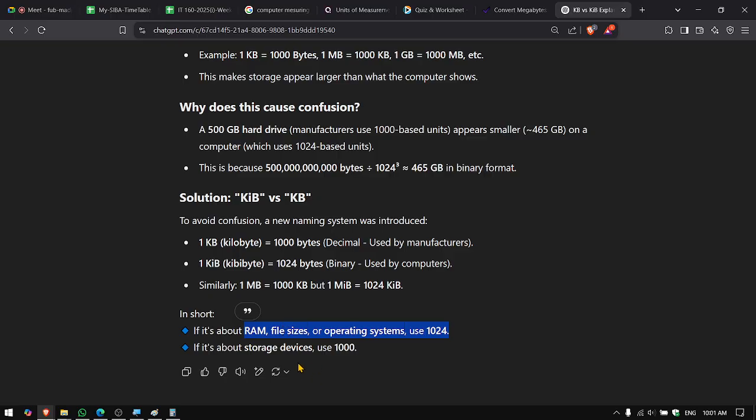When it comes to RAM, file size, operating systems, you can use the 1024 way to define a kilo, and when it comes to storage, you can use 1000. Mostly in the paper or the things we convert in this module, you can use 1024. It's better.